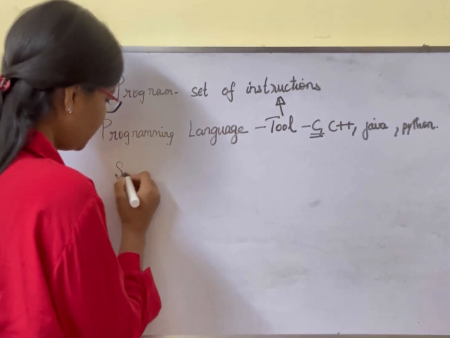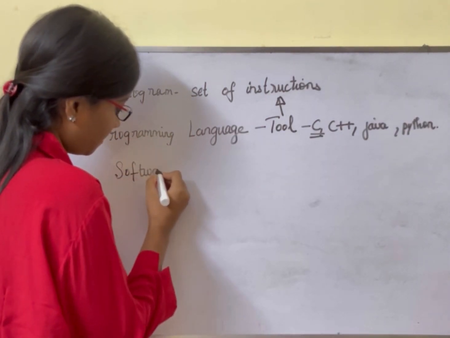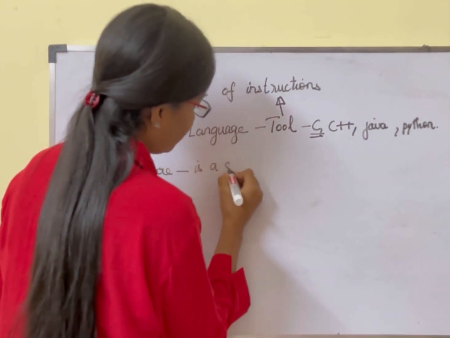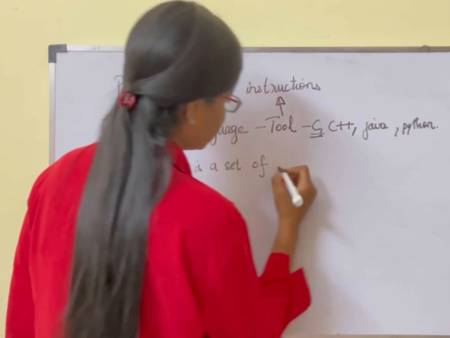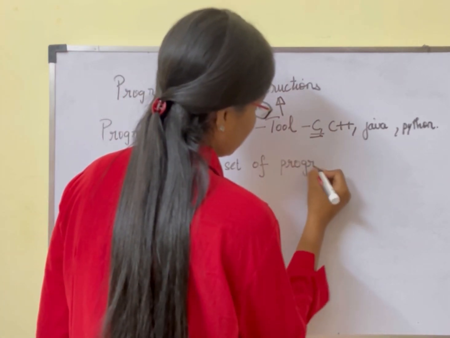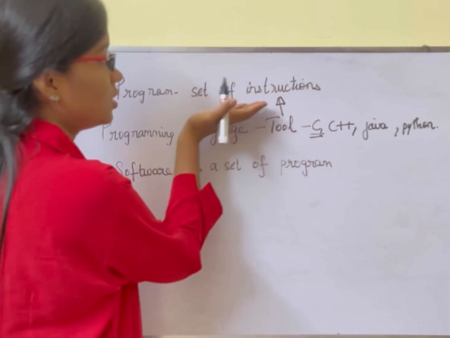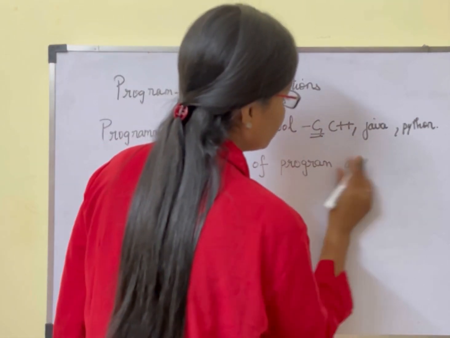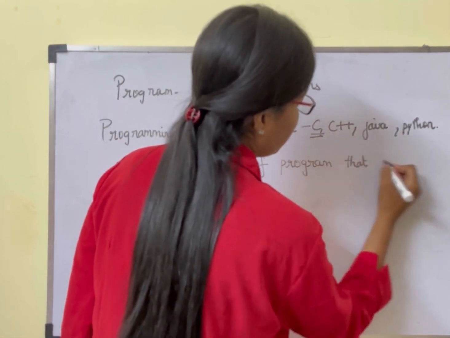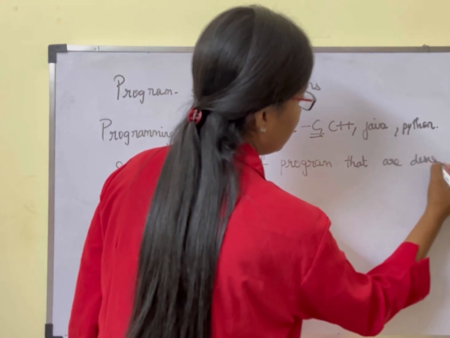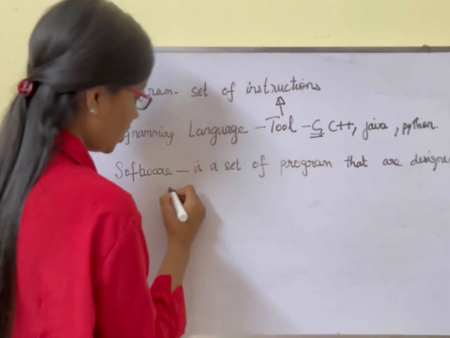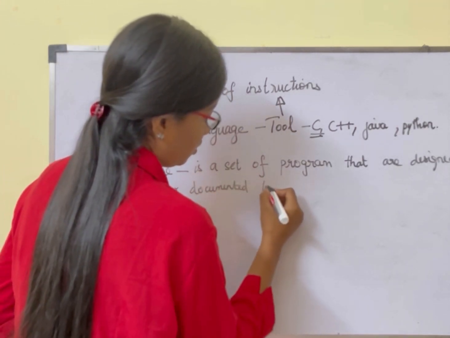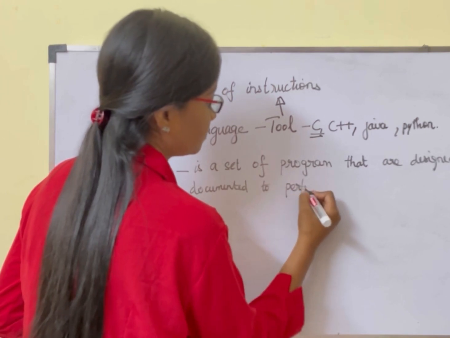Okay, now let us see some common topics. What is software? Software is a set of programs or collection of programs. So what is program? It is a collection of set of instructions. Software is a set of programs that are designed or documented to perform certain tasks.